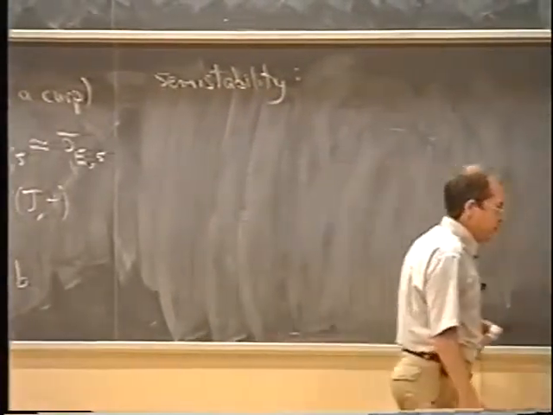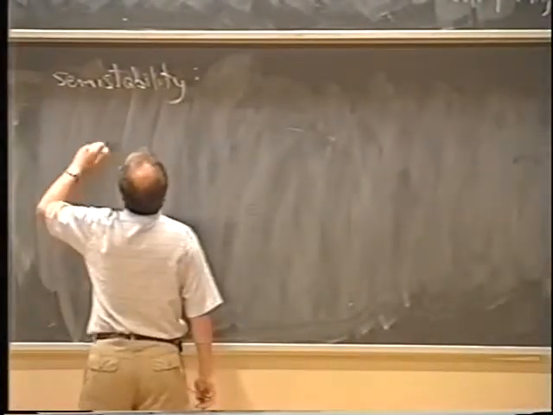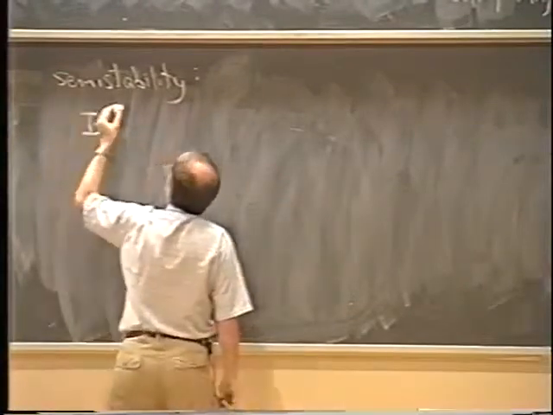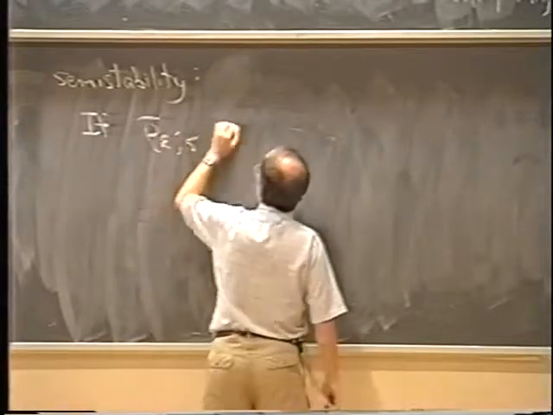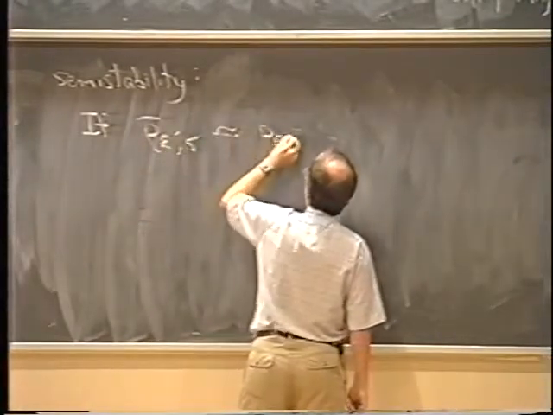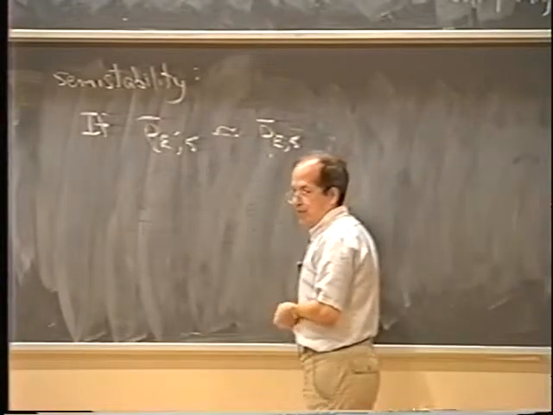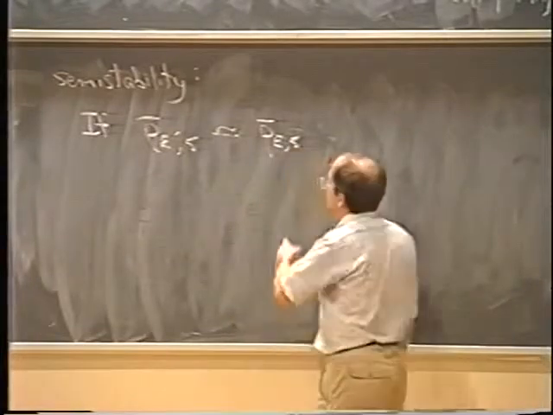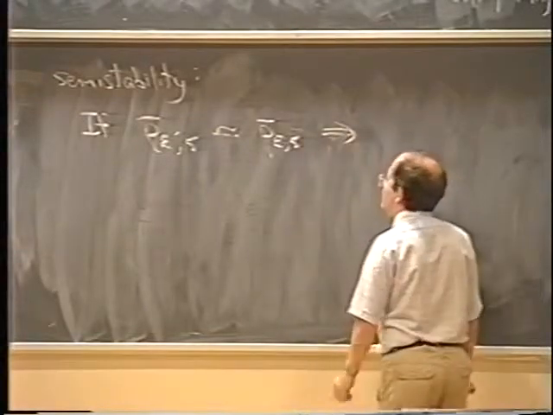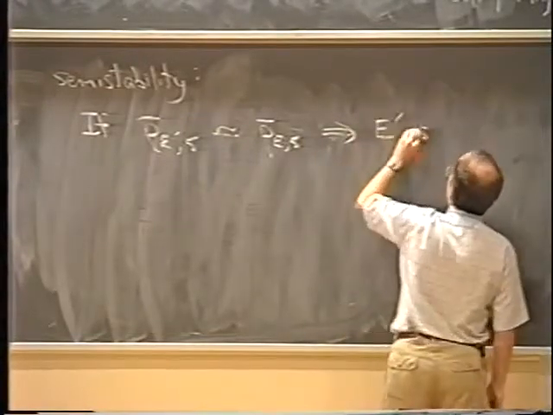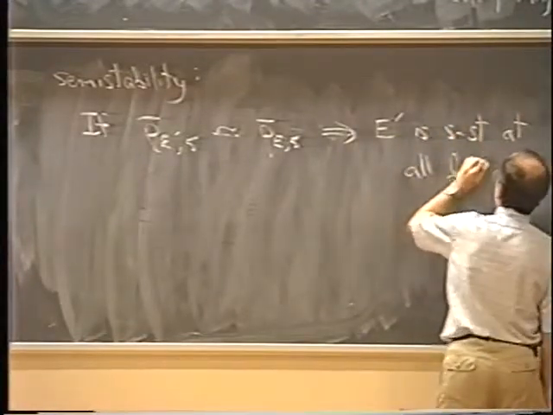Well, one of the other things that Alice Silverberg mentioned, although didn't prove in yesterday's lecture, that we need now, is that if the mod 5 representation on E prime is isomorphic to the mod 5 representation on E, and E is semi-stable at a prime l different from 5, then so is E prime. We're assuming E is semi-stable everywhere, so it follows from that statement that E prime is semi-stable at all l not equal to 5.